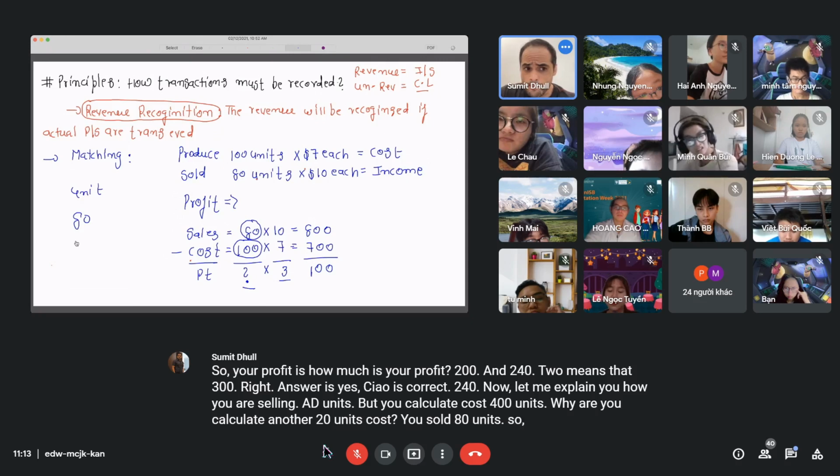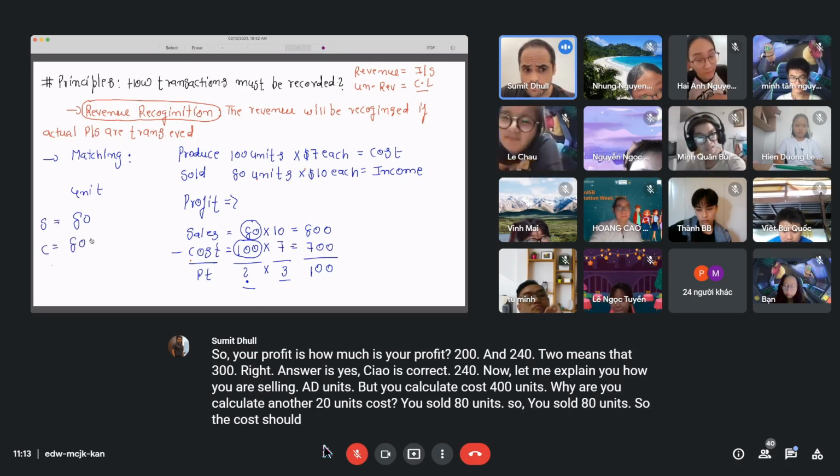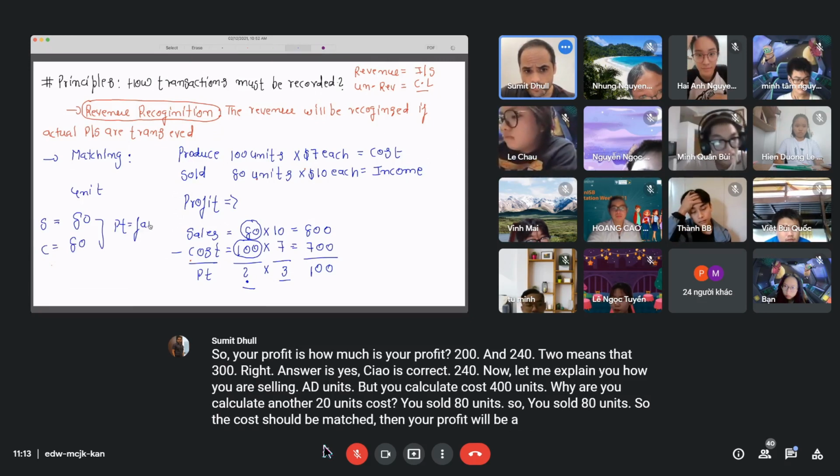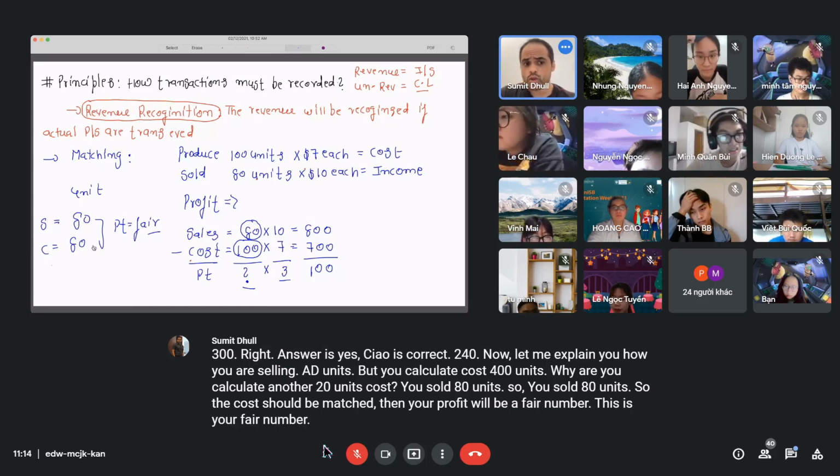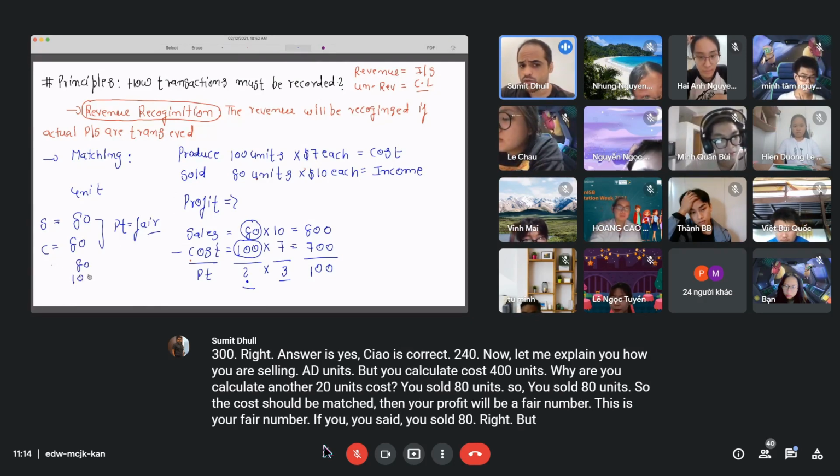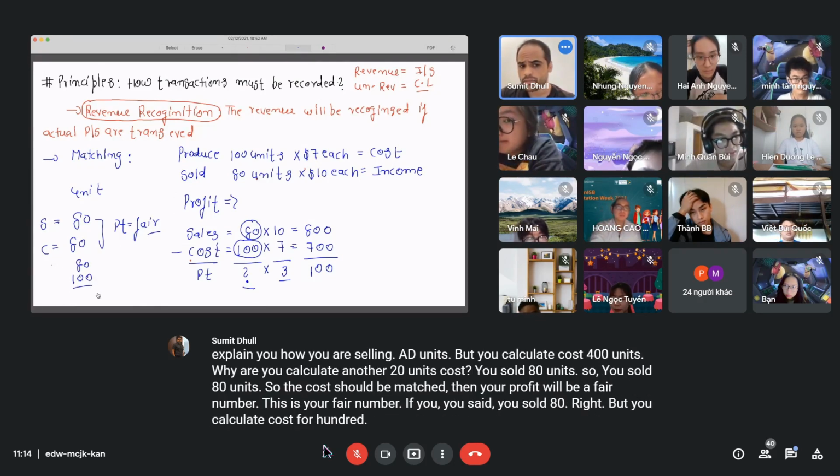You sold 80 units, so the cost should be matched. Then your profit will be a fair number. This is your fair number. If you said you sold 80, but you calculate cost for 100, is it a fair number? No, it doesn't make any sense.